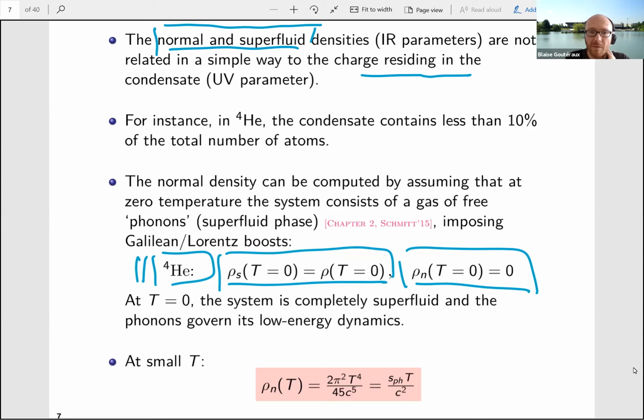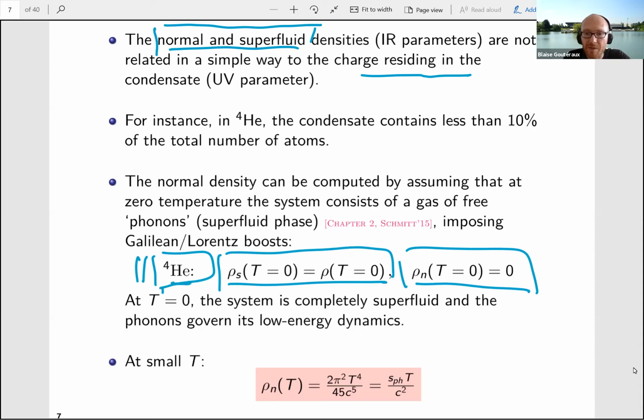This is something you can compute, and the way it's computed in textbooks is that you assume that at 0 temperature, the system consists only of a gas of phonons. This is how the superfluid phase, the Goldstone mode, is described. Then you impose Galilean boosts and assume Bose statistics because you're interested in helium-4.